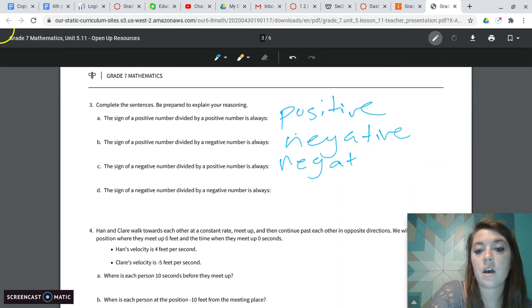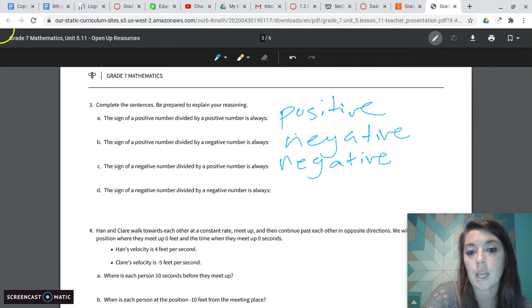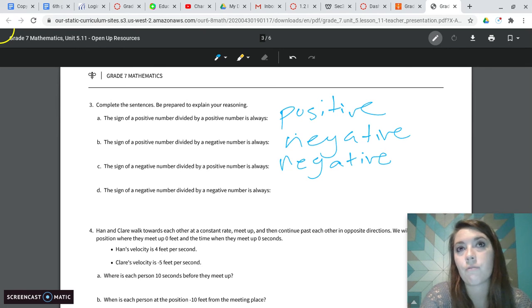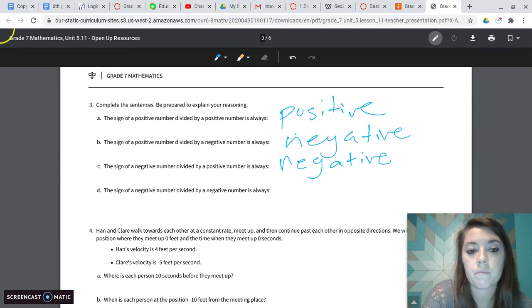So if there's an odd number of negatives in your problem, then it's negative. So if there's one negative, so one number has a negative, then you're going to get a negative answer. If you have 3 numbers, so let's say, obviously in division not so much, but in multiplication, -3 times -4 times -5 would result in a negative solution.